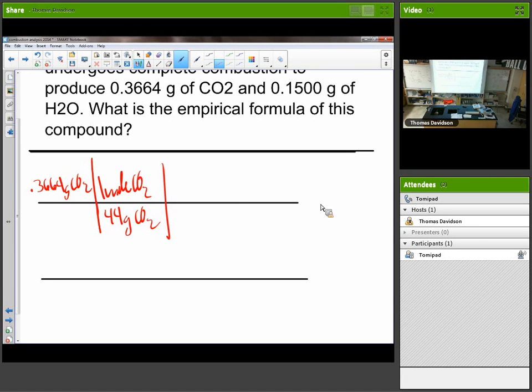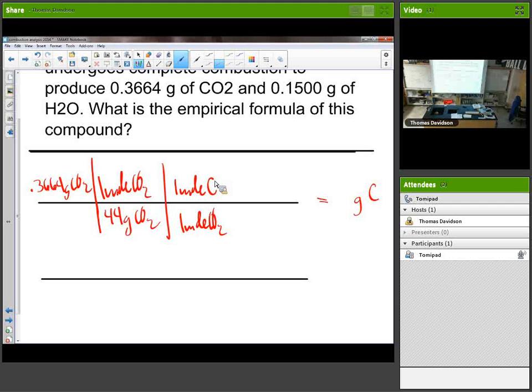Now remember, this time I'm solving for grams of carbon, so there's a little bit more. How do I get rid of mole of CO2? Divide by a mole of CO2. For every 1 mole CO2, how many moles of C do I have? I have 1 mole of C.